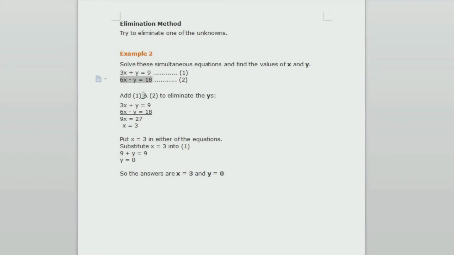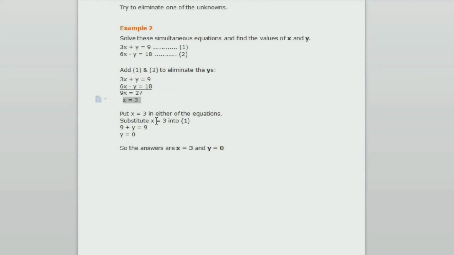We can add the two equations together to eliminate the y's. And after adding the two equations together, we've got 9x equals 27, so x equals 3.